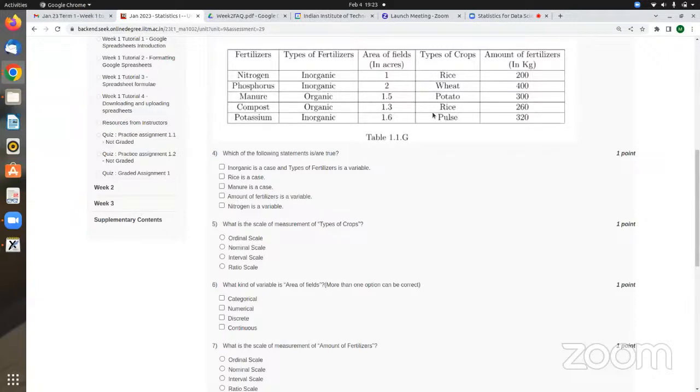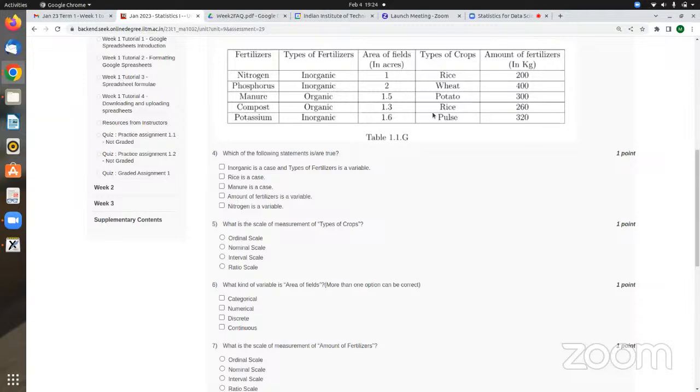And numerical data will have this interval scale of measurement and ratio scale of measurement. But the difference is when we have absolute zero, and when we can perform all the 4 mathematical operations, which are addition, subtraction, division, and multiplication. This should be in full, and if it is there, it is ratio.